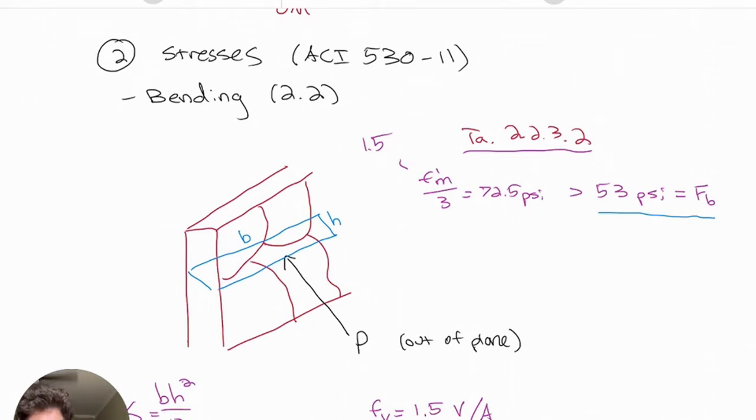Now, from this diagram here, the maximum moment of the wall section will be equal to the overturning moment calculated above, or in this case 0.54 kilonewton meters per meter of wall. And to calculate the demand load, we'll divide this by the section modulus.